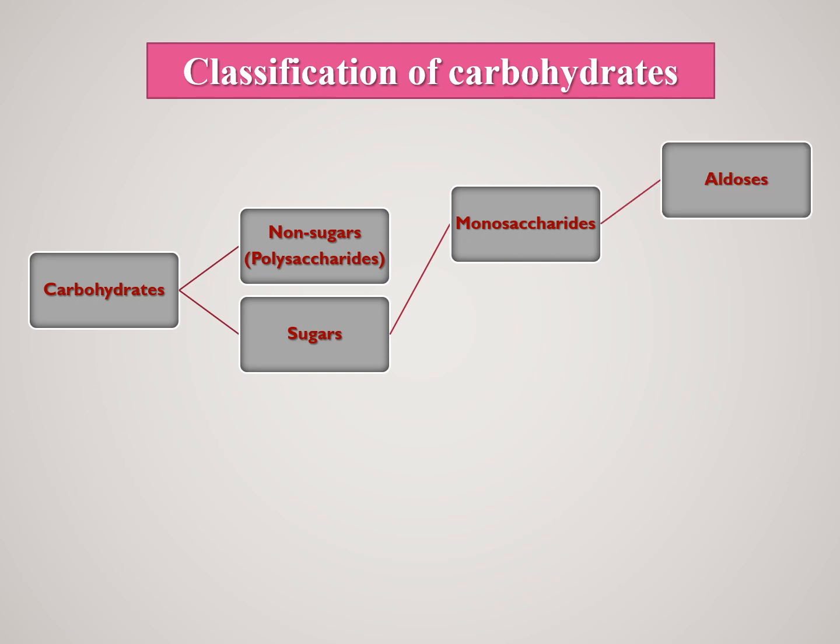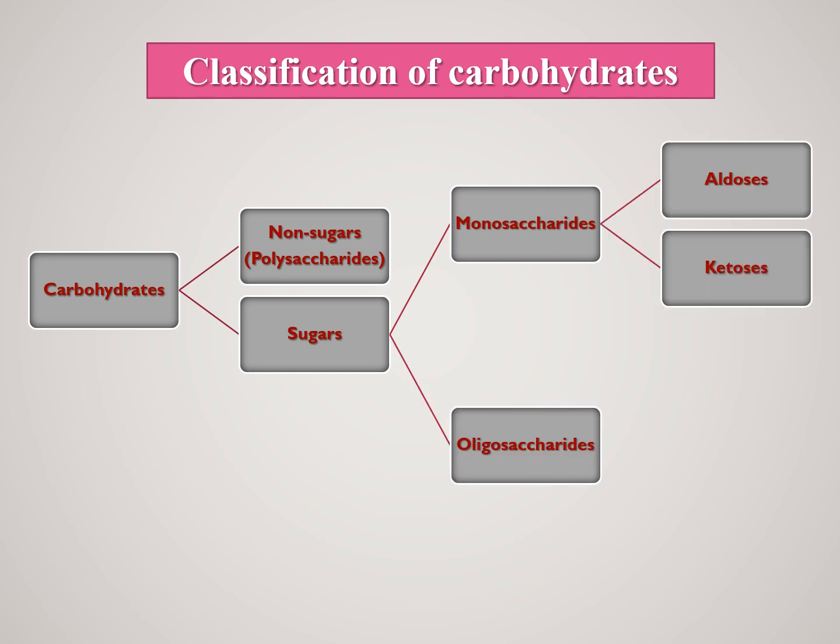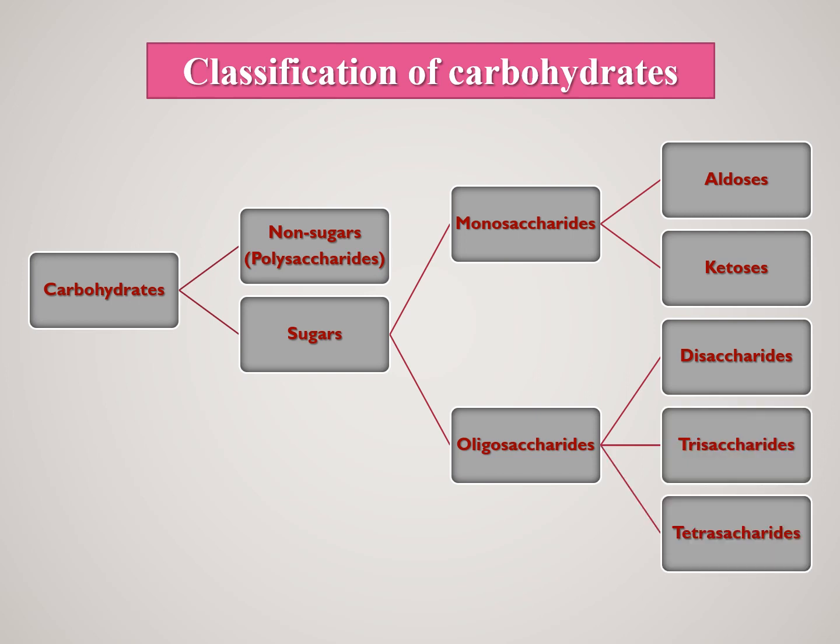Now, coming to sugars. Sugars are further classified into two different types: monosaccharides and oligosaccharides. Now, what do you understand by monosaccharides? They are the simplest carbohydrates and they cannot be further broken down.